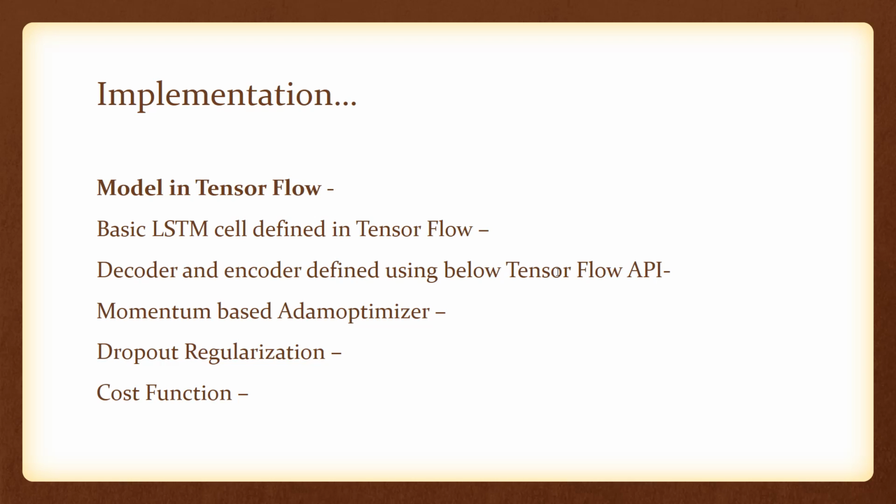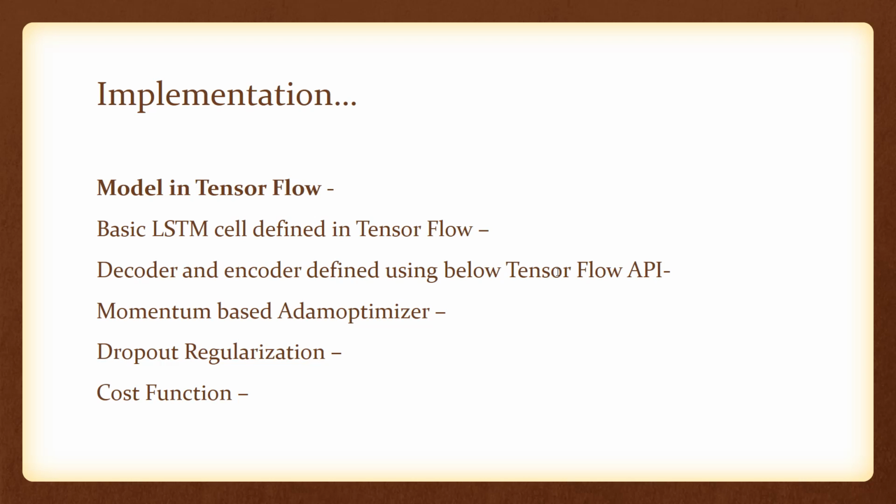Now about the model, we have ready-made LSTM cell APIs in TensorFlow, and then we have the decoder and encoder defined in TensorFlow, which basically makes our sequence to sequence learning algorithm. Then I am using the Adam optimizer, which is basically a momentum based optimizer, which not only sees the current changes in the gradient but also remembers the last few changes in previous time steps.